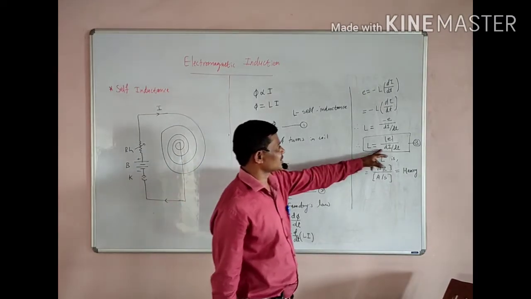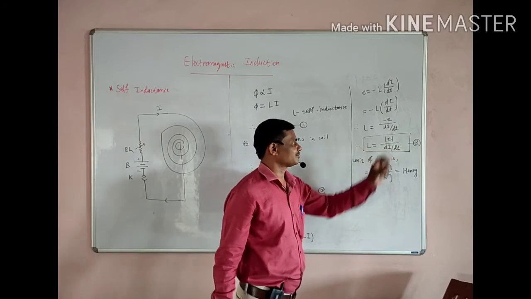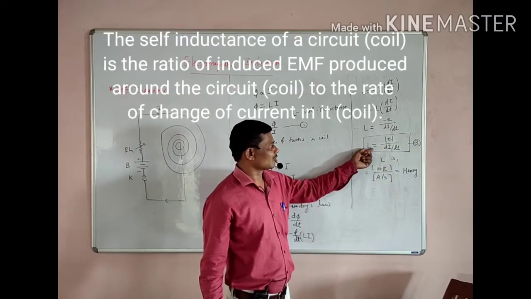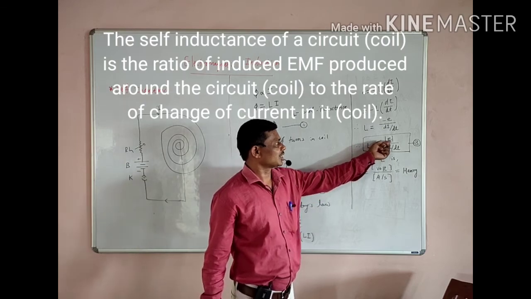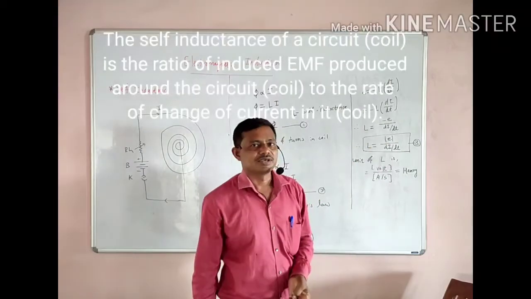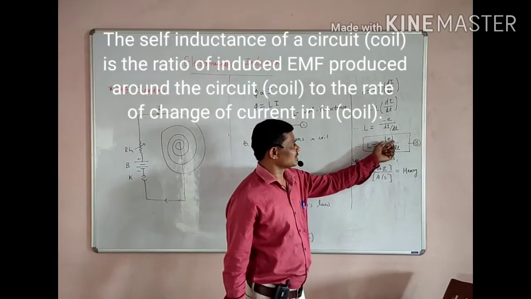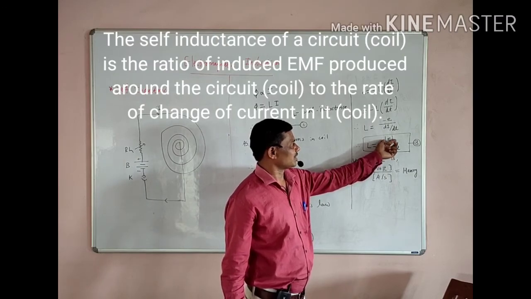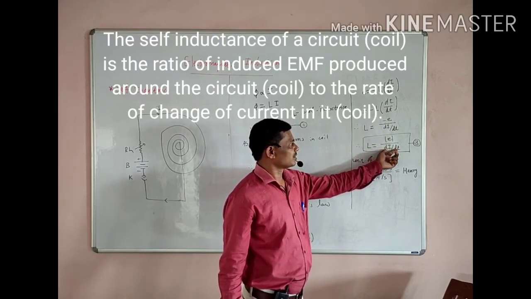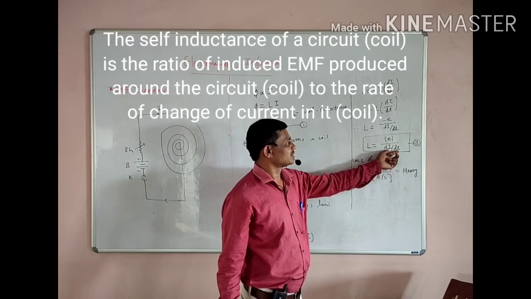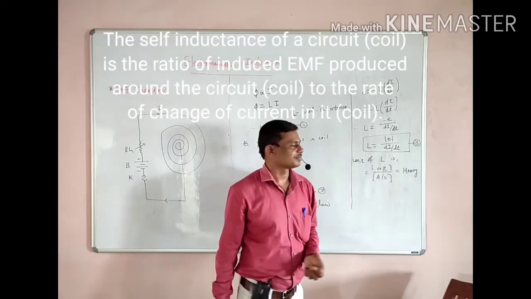Or from this equation, we can define that the coefficient of self-inductance is the ratio of EMF induced in a closed circuit to the rate of change of current through the same closed circuit.